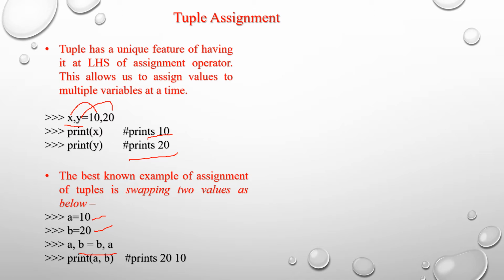So a value is equal to b and b value is equal to a. If you print a comma b, the Python interpreter will print 20 and 10.